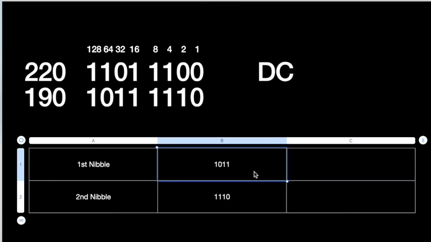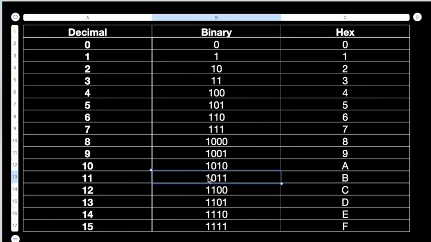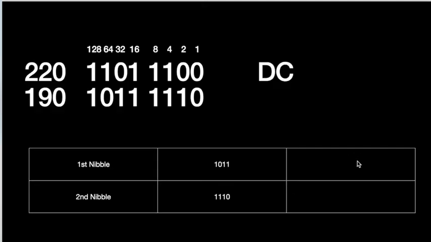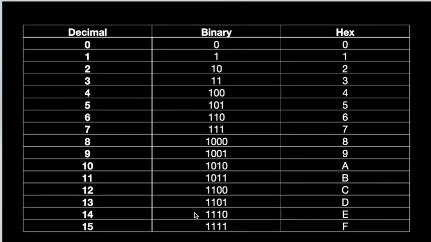Now the value of the first nibble 1011, let's check out the chart. 1011, that's our 11. 11 means the hexadecimal conversion is B. So for the first nibble it's B, and the second nibble is 1110, that's going to be 14. I will show you.